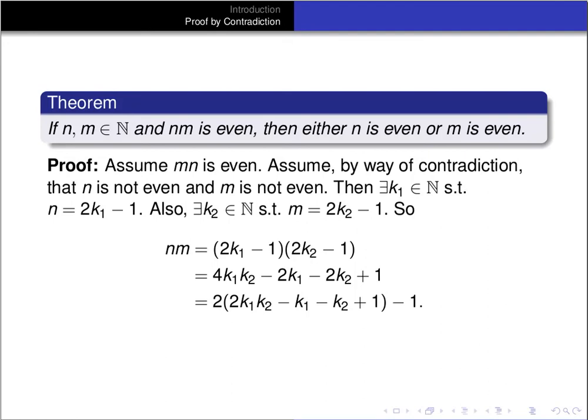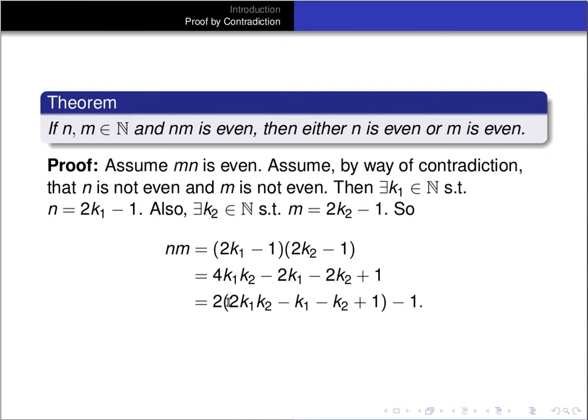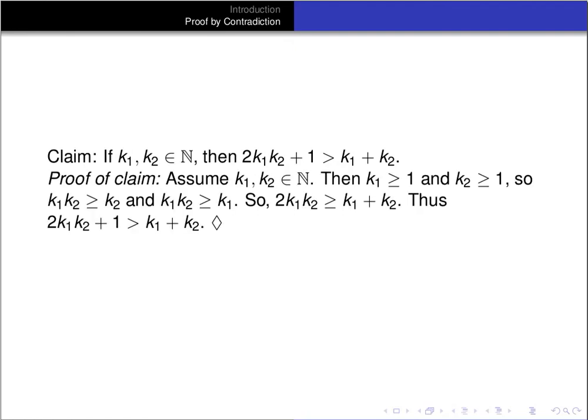We can factor out a 2 and we get 2 times the quantity 2k1k2 minus k1 minus k2 plus 1, minus 1. And like we did last time, we need to show that the thing in the parentheses is a natural number. So we claim that if k1 and k2 are natural numbers, then 2k1k2 plus 1 is greater than k1 plus k2.